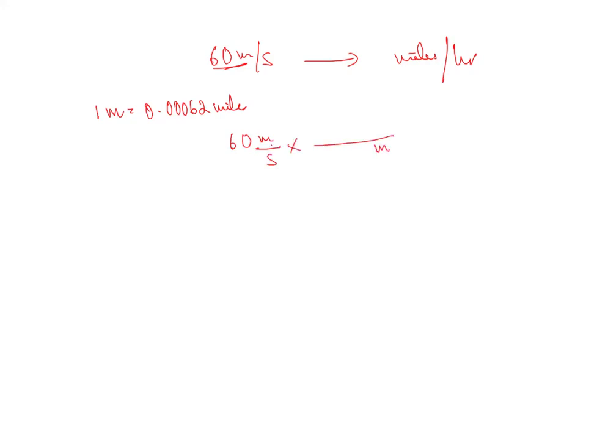So I put meters at the bottom and I get miles. I just keep the second there for the time being, with 1 mile, 1 meter. So I get 0.00062 miles. Now miles we have got.